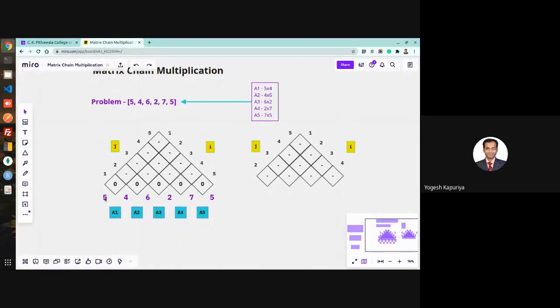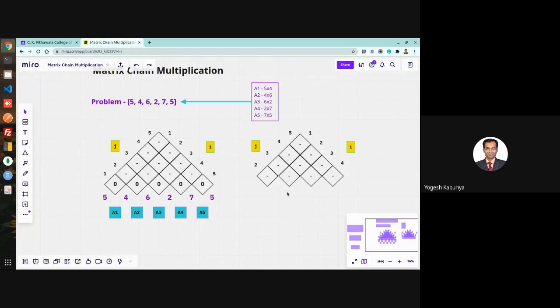Okay, so you have to observe this. This is 5, 4, 6. So this is matrix A1, dimension is 5 cross 4. Matrix A2, dimensions are 4 cross 6. Then A3, 6 cross 2, A4, 2 cross 7, A5, 7 cross 5. Okay, so this is the initial setup.